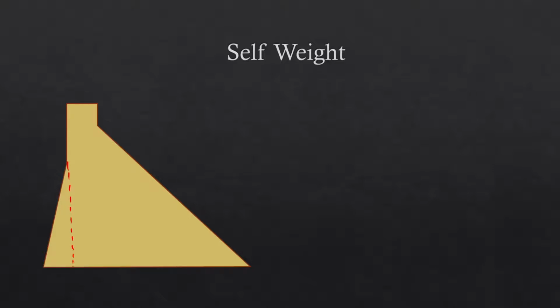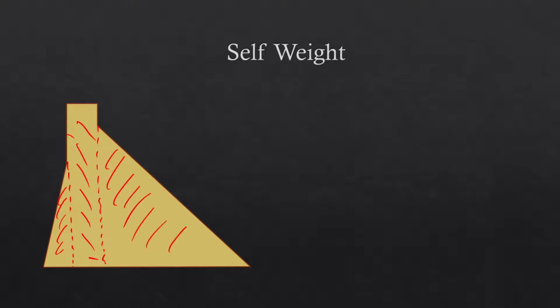That is, this is a triangle, then from here to here this is a rectangle, and the remaining part is again a simple triangle. So for calculation purposes, you can call the weight of this one W1, the weight of this portion W2, and the weight of this portion W3.